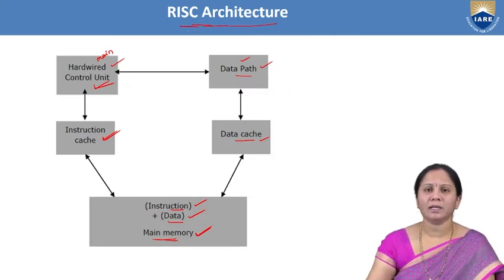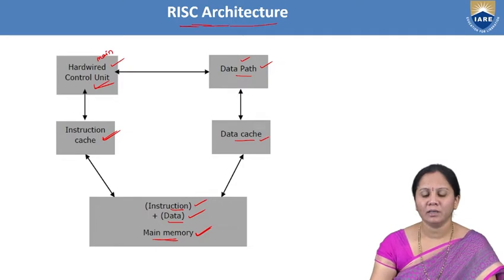RISC and CISC processors are designed based on two basic architectures: Harvard architecture and Von-Neumann architecture. In one architecture, the program and data reside in the same unit, whereas in the other architecture, the program resides in one unit and the data resides separately.